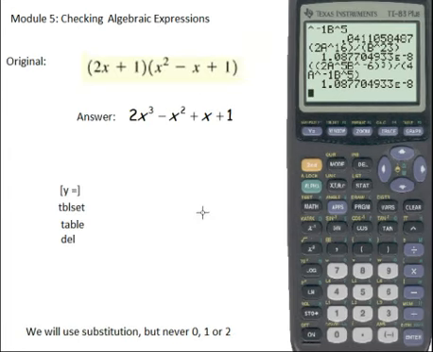Alright, this second problem we're going to look at is also from Module 5. It's a multiplication of polynomials, and I did this and I got the answer given there. And this doesn't have any fractions, and it only has a single variable here.